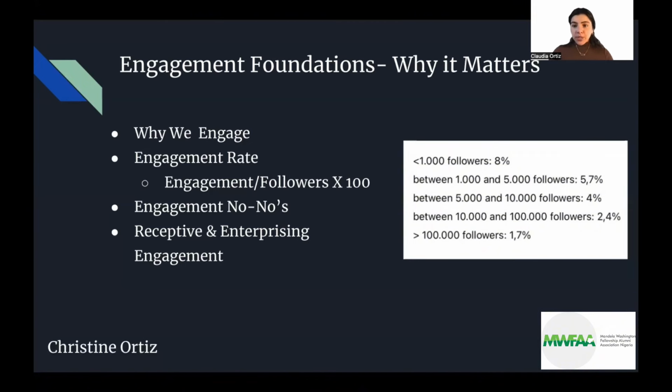Some engagement no-nos. Do not buy followers. The reason we do not buy followers is that when you buy followers on Instagram, you are not buying a specific audience. You may end up purchasing a lot of followers that have no need for your product or service, which in the long run hurts your engagement and how the algorithm perceives you.